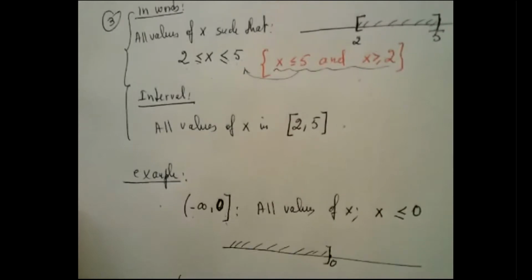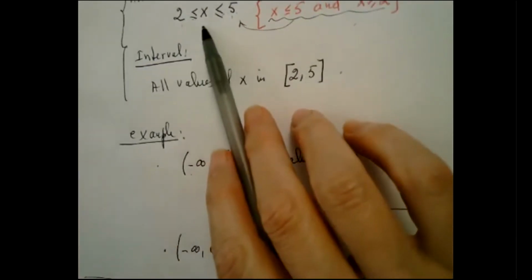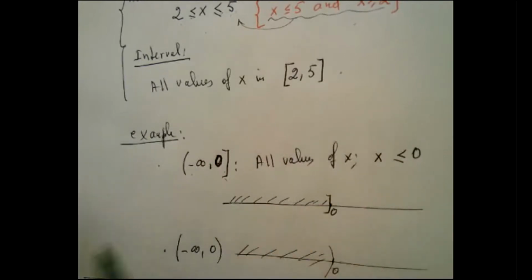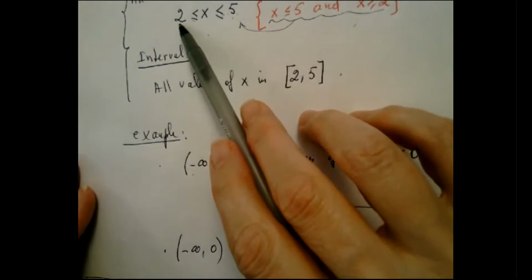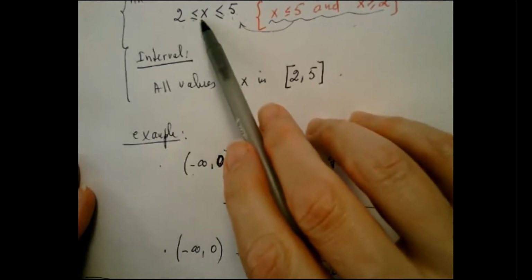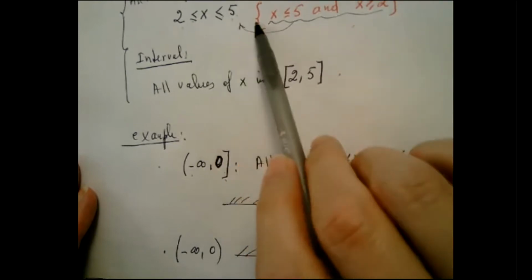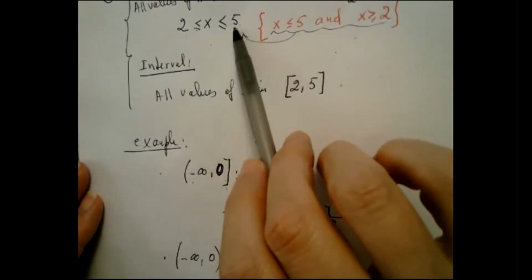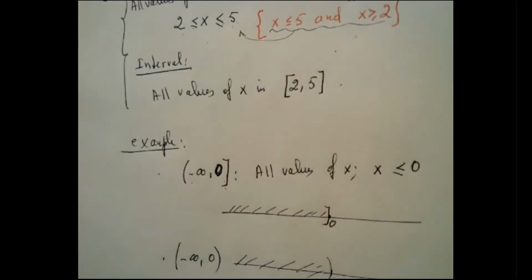The one that sometimes gives students difficulty, and I tell you that ahead of time, is this one. Because they get confused a little bit about the sign. This tells you that 2 should be less or equal to x, or x bigger or equal to 2, and x less or equal to 5. That's what this one reads. The largest value x can take is 5, the smallest is 2, x between 2 and 5.